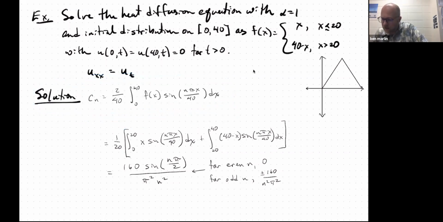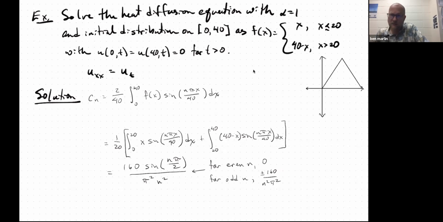The formula that you have is going to be 2 over L, and then the integral across whatever your interval is. Now notice it doesn't have to be a symmetric interval, okay? In the Fourier series that we were doing before, that was an important part of it. But here it's just being a little bit more general.